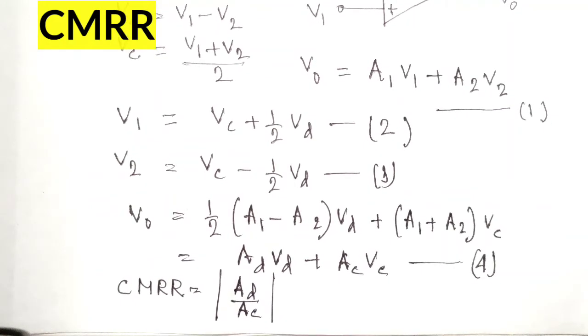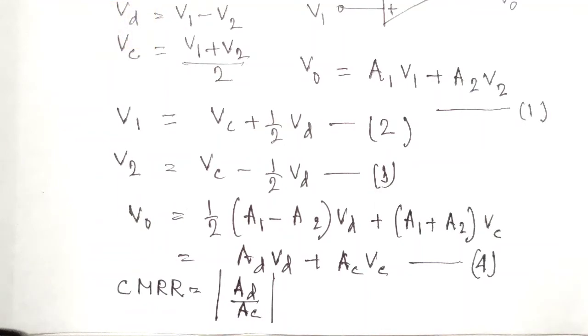Since AD needs to be very large and AC very small, the amplifier must be designed so that the CMRR is much larger than unity. For an ideal op-amp, the value of CMRR is taken as infinite, whereas for IC 741 it is a large value but finite.